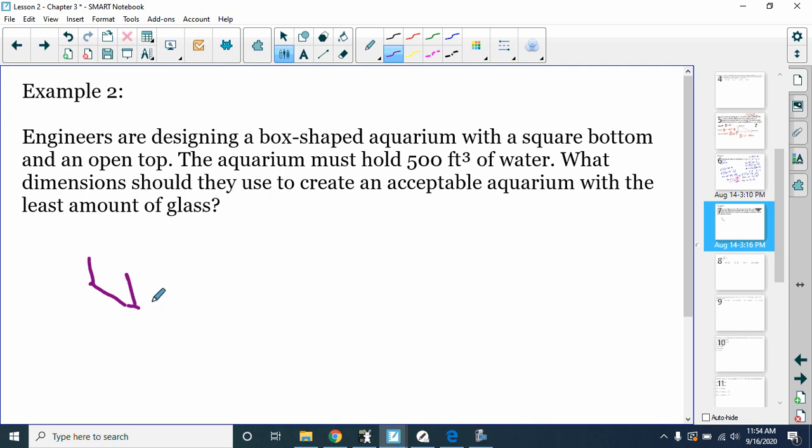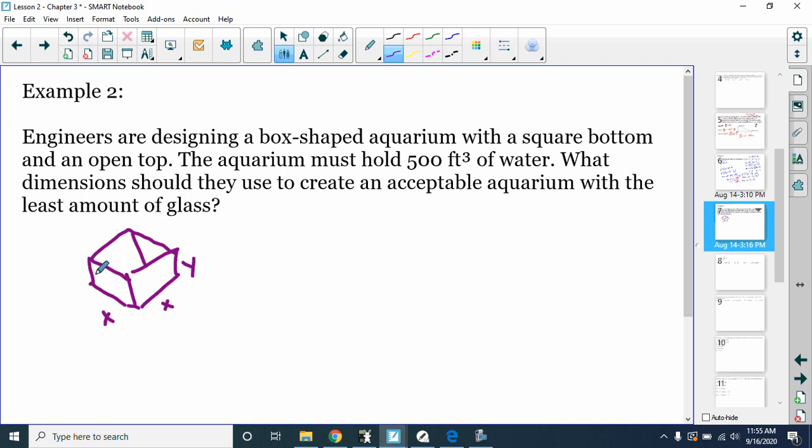So I have this aquarium. My drawing skills are very good. Square bottom. These two sides need to be the same. Height does not have to be the same. And we are trying to use the least amount of glass possible.